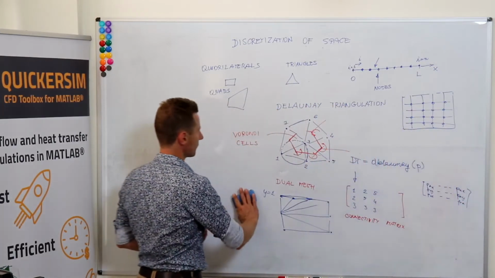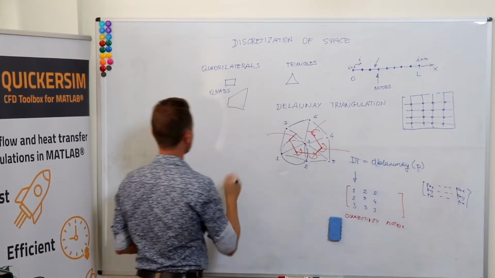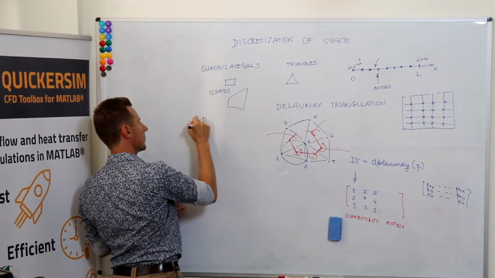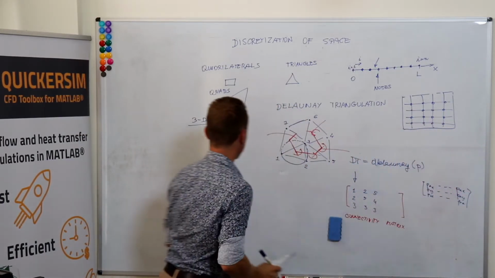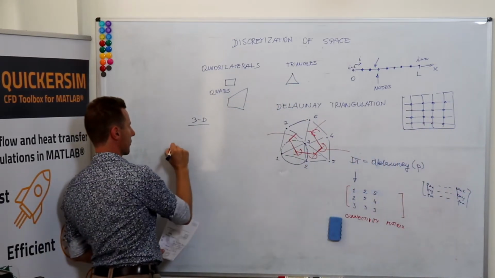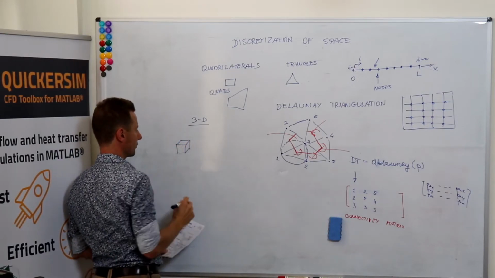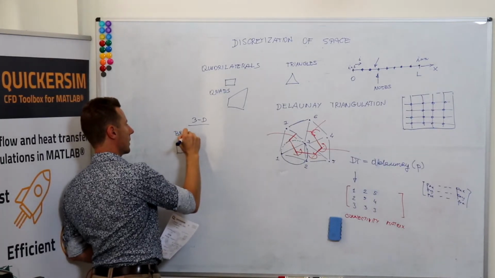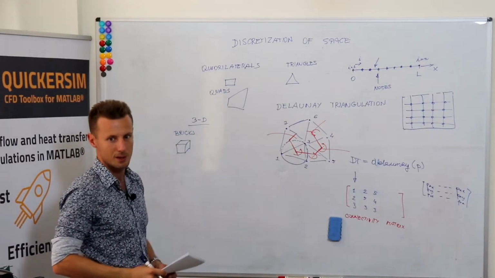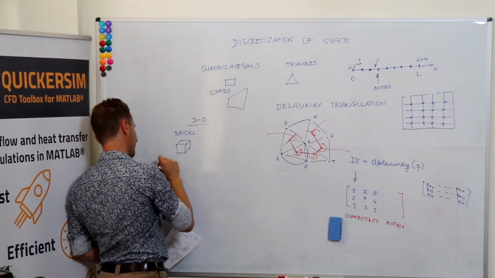In 3D, quick summary. In 3D, you will have 4 standard types of elements. Very often called bricks.